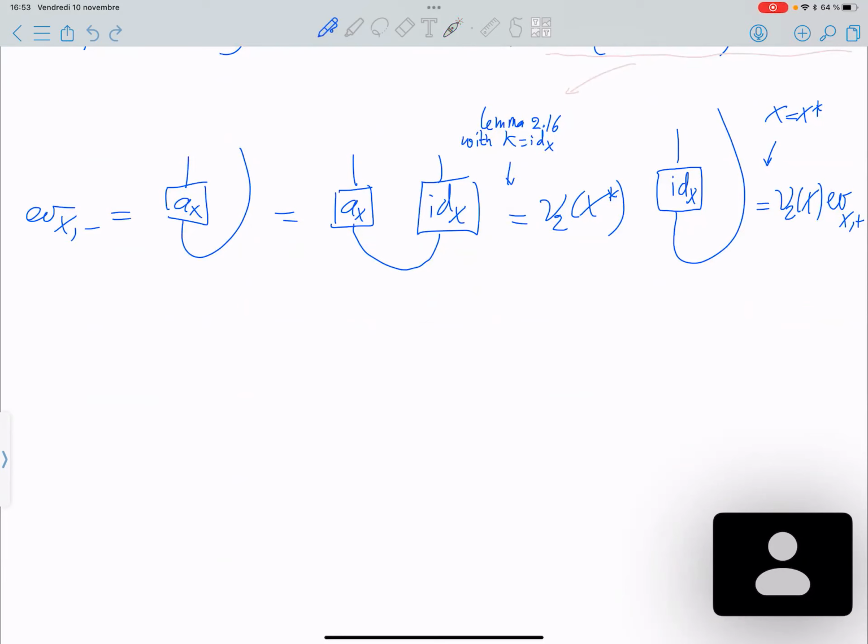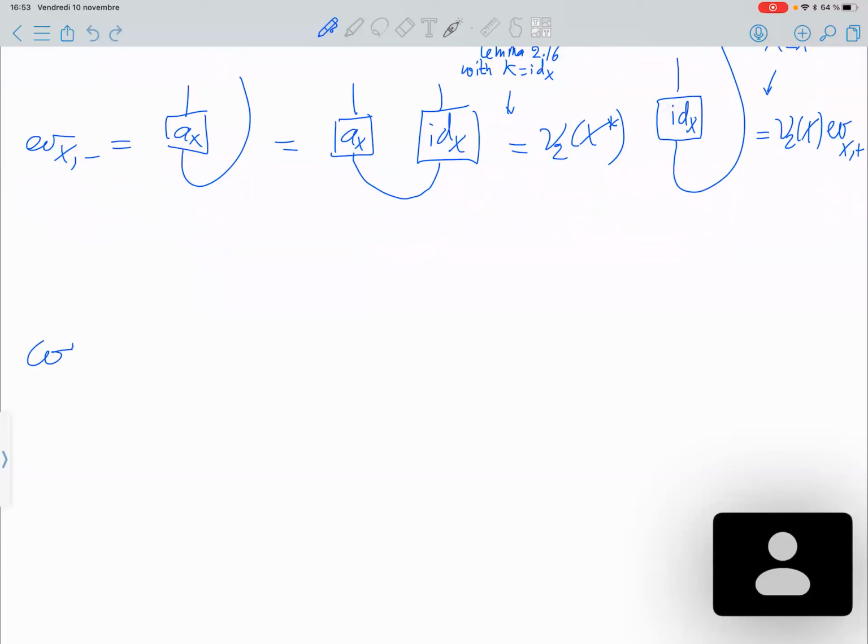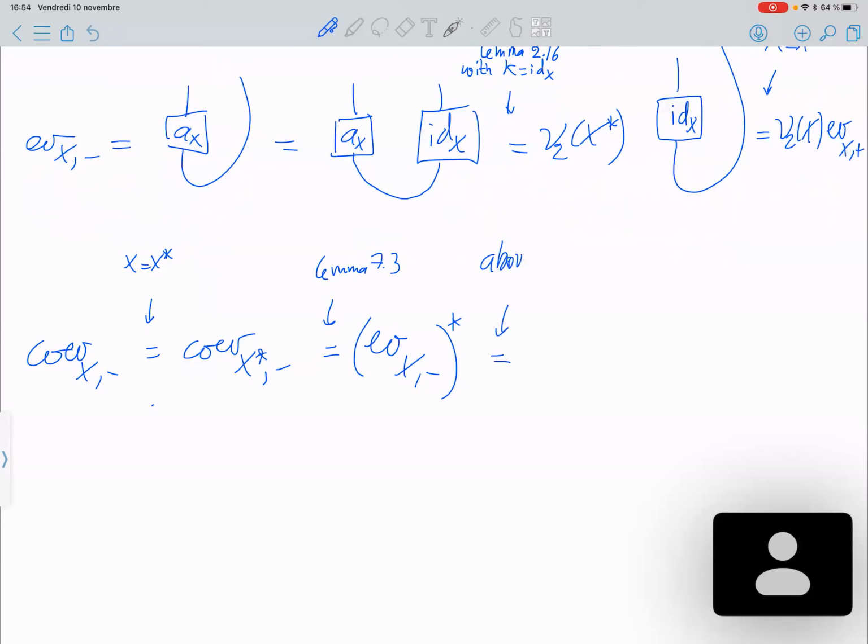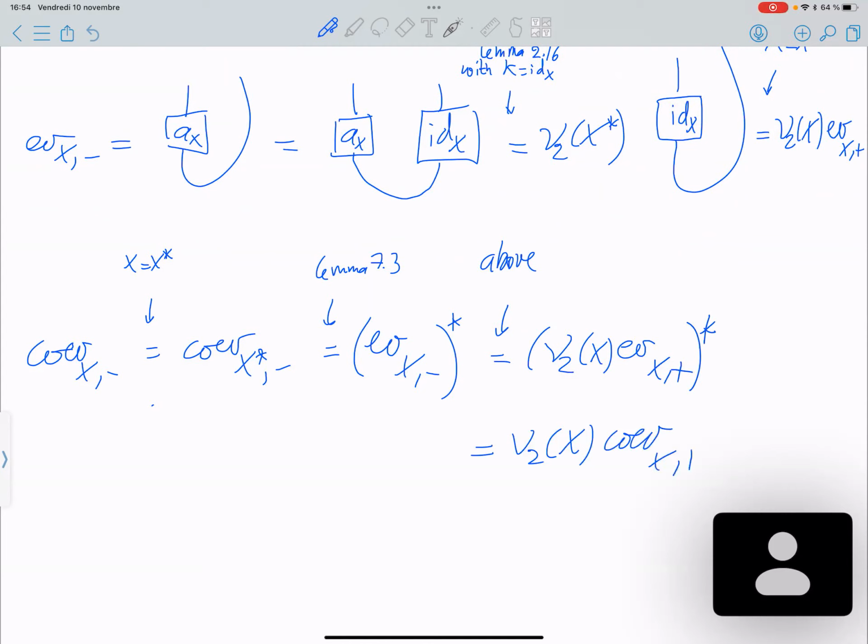Okay, and we will finish with the co-evaluation of X minus, which is equal to coev of X star minus, because X equals X star, which is equal to evaluation of X minus star by the lemma we proved recently, and by the previous line, this is equal to the second Frobenius-Schur indicator of X times evaluation of X plus star, which is the second Frobenius-Schur indicator times coev X plus, again by lemma 2.2.